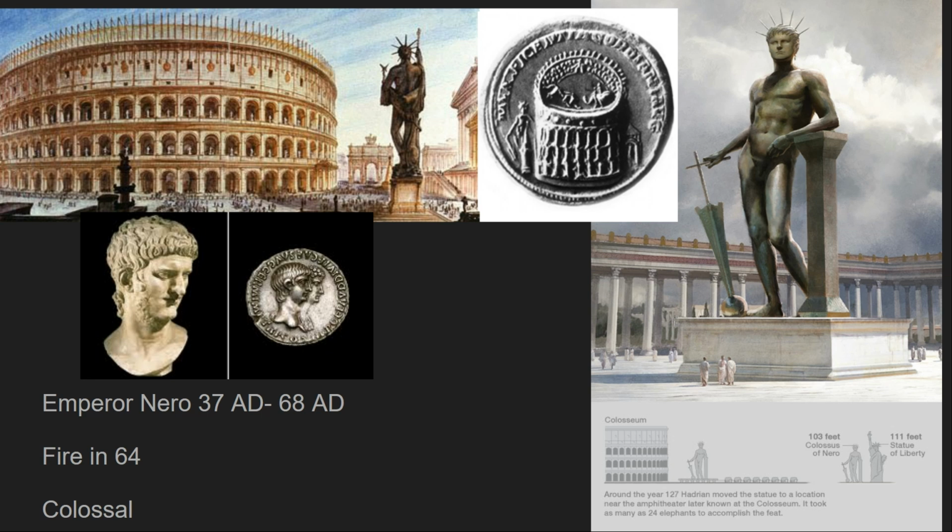Some of that is legend and stories, but it's called the Colosseum because it was built next to this colossal statue of Nero. We see that on the coins as well. Here's a comparison to like the Statue of Liberty. So it's colossal. It's extremely large. It's him in his nude form, associated with the sun god and Jupiter, etc.